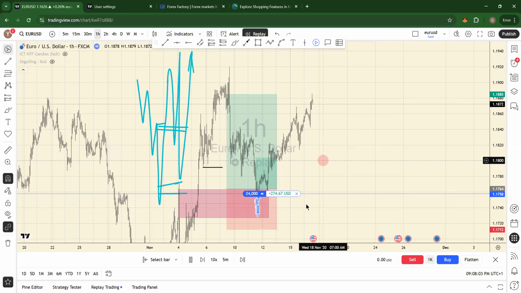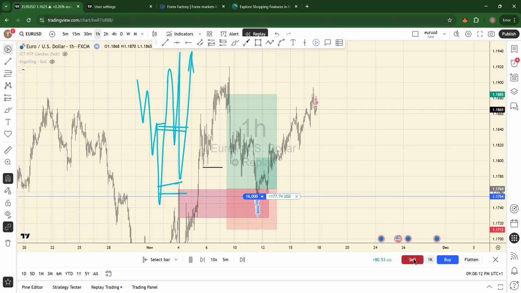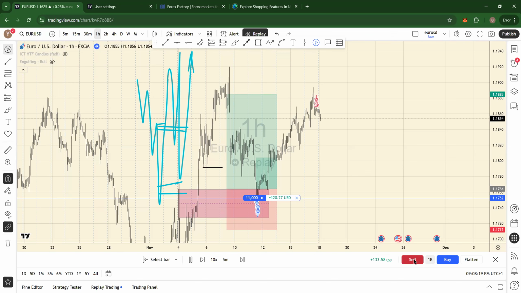Okay, so we are making about $300 now. Let me sell off the positions. How many positions did I open? I'm selling them now.